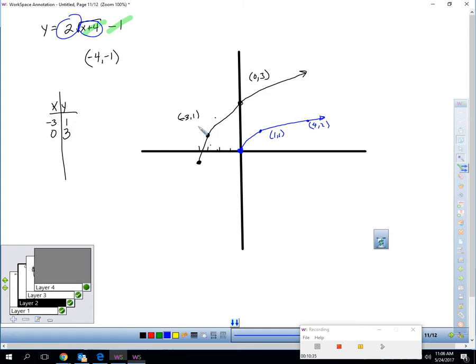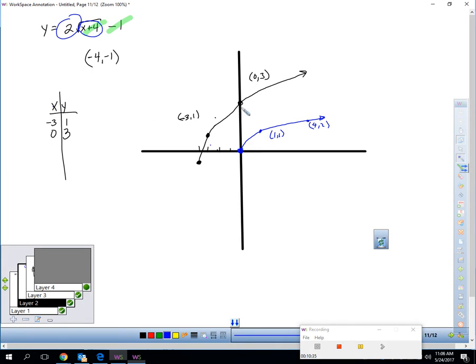My next perfect square after 1 is 4. I want what's underneath the radical to equal 4. Well, what can I plug in to make it 4? I can plug in 0. 0 plus 4 is 4. The square root of 4 is 2. 2 times 2 is 4, and 4 minus 1 is 3.